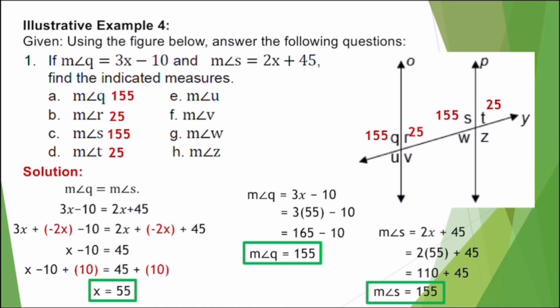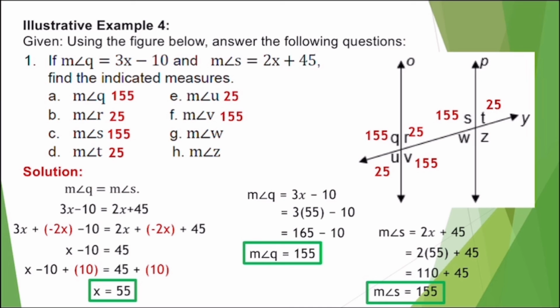Now, let's proceed to the degree measure of angle U. Since angle U is supplementary with angle Q, the degree measure of angle U is 25. Now, let's proceed to angle V. Since angle V is alternate interior with angle S, the degree measure of angle V is 155 degrees.